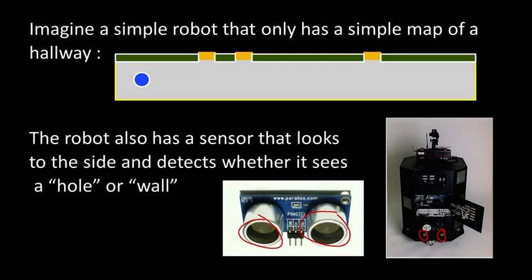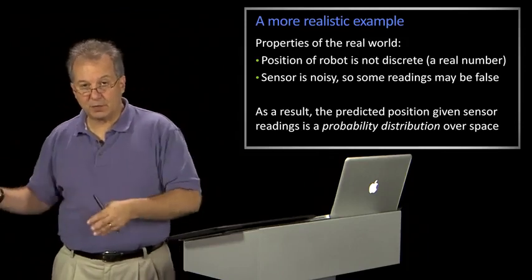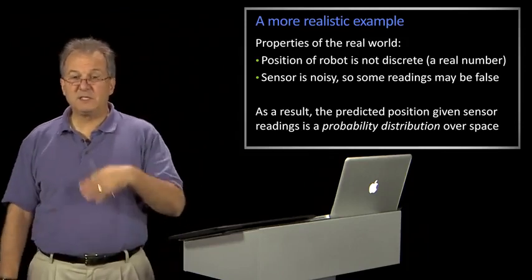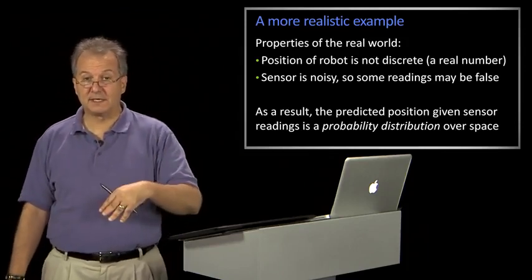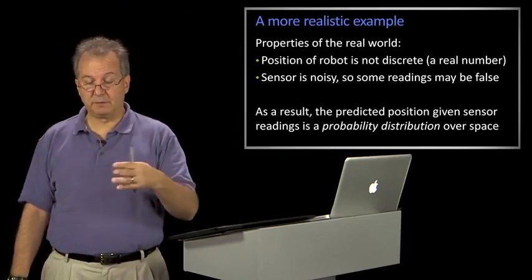Because it's not perfect in sending out its signal, just because the sensor says hole doesn't mean it actually was a hole, and just because it says wall doesn't mean it actually was a wall. So this robot going down the hall, with this noisy sensor, is perfect for a probabilistic Bayesian filter-based tracker.